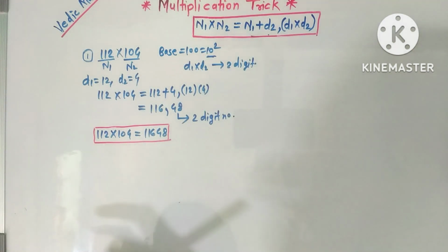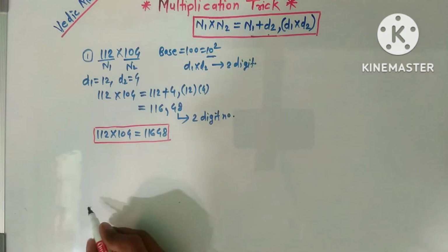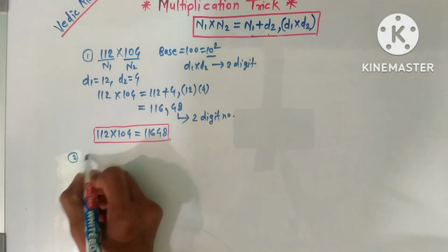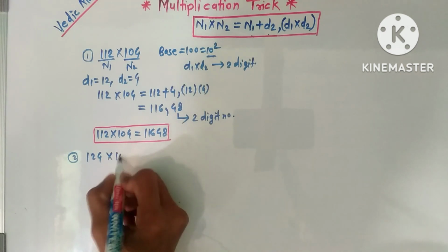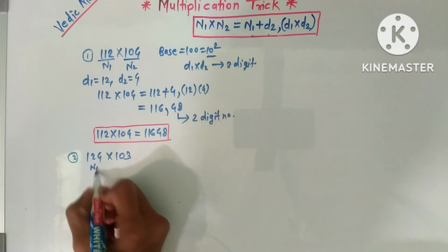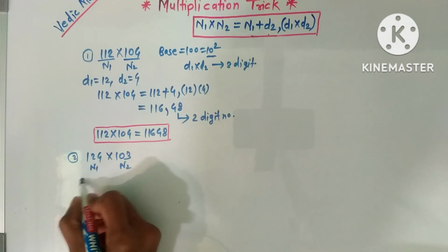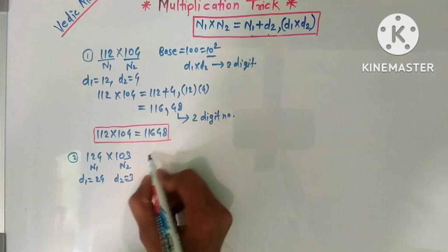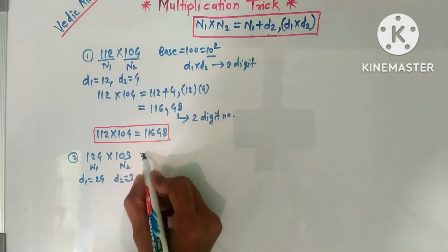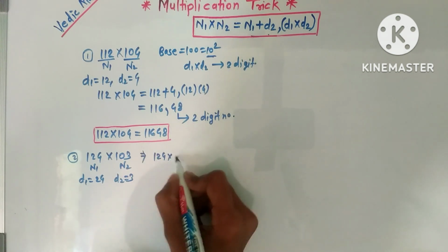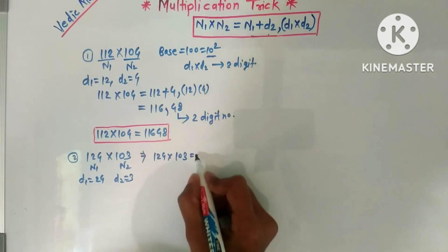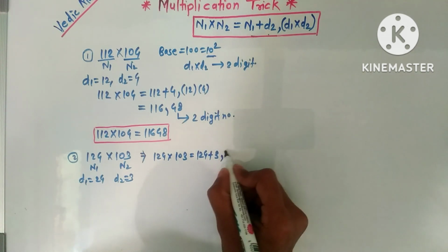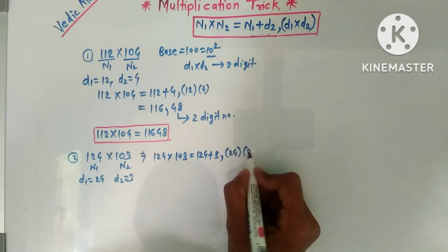Now we will take the next example, 124 into 103. Now see, this is our N1, this is our N2. Now what is D1 here? 24. What is D2? 3. Now we know that 124 into 103 is equal to N1, 124 plus D2 which is 3, comma, D1 into D2, that means 24 into 3.